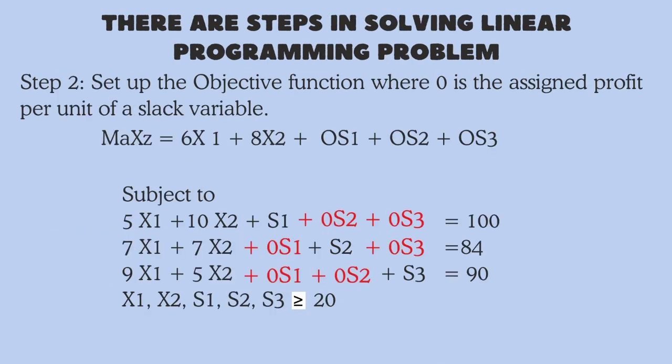Then, set up the objective function where 0 is the assigned profit per unit of a slack variable. Where our objective function will have 0S1 plus 0S2 plus 0S3.